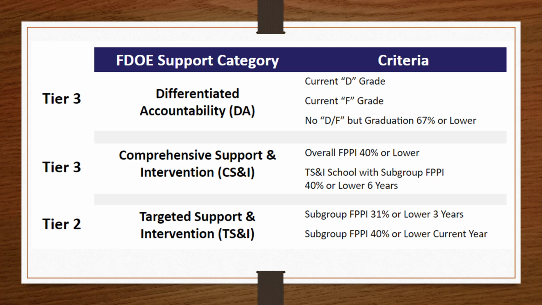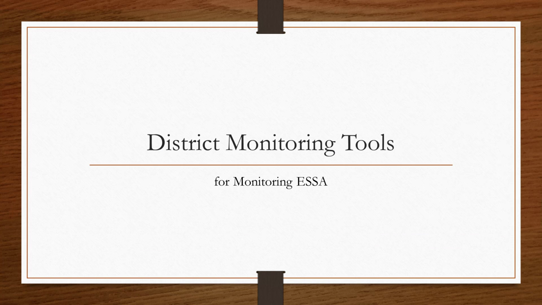Schools identified as TSI schools based on subgroup performance would move to CSI if the school does not move the subgroup to 41% or above within 6 years, or if the overall FPPI falls below 41%. Schools that receive a grade of D or F, or whose 4-year adjusted cohort graduation rate is 67% or lower, receive more intensive support.